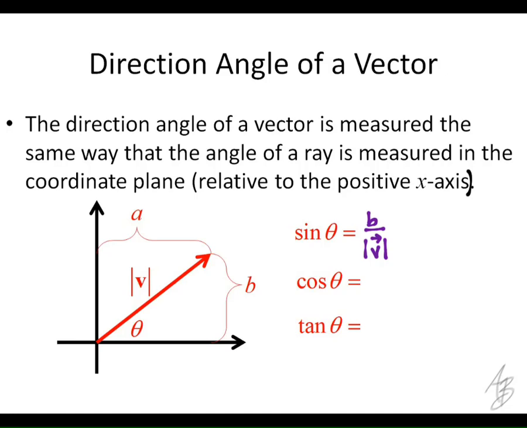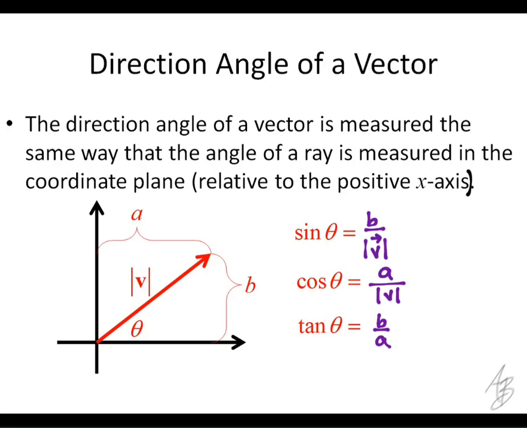Cosine of theta is going to be what? A over the magnitude of the vector V. And then the tangent of theta is going to be B over A. Just looking at these three relationships, which one do you think is going to be the most useful to us?